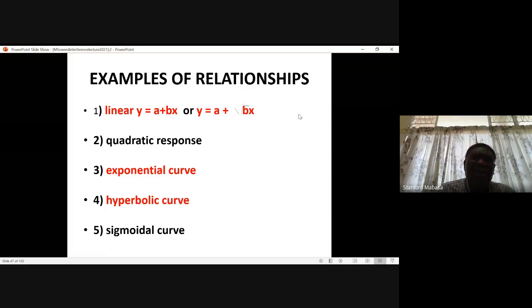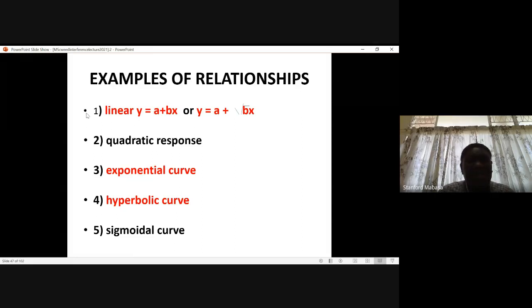Now, when weed density is related to crop yield or crop biomass, there have been a number of relationships which have been cited in literature. And we have got 5 relationships.